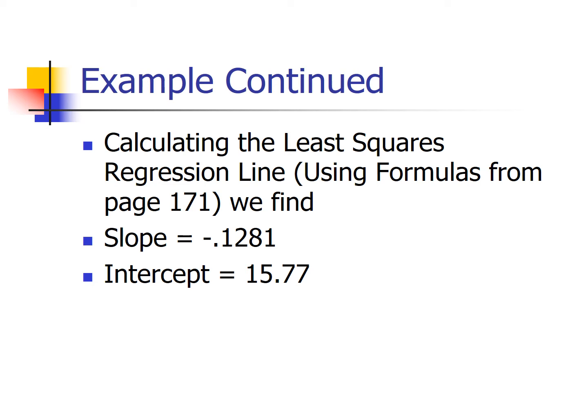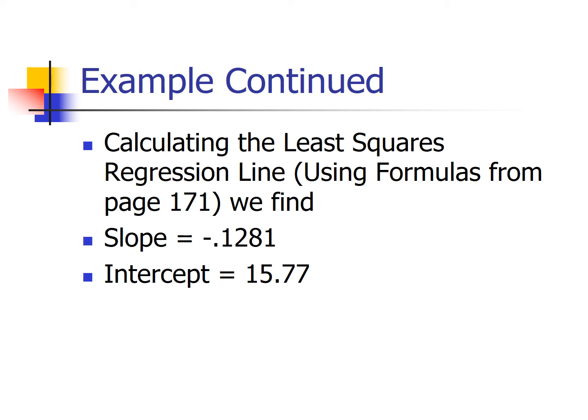So in practice, we would take the observations we had on the previous slide, put them in Excel or SPSS, for example, and we would let that tell us that for this particular data, the slope for our least squares regression line is going to be negative 0.1281. Now, first off, is the negative sign surprising?